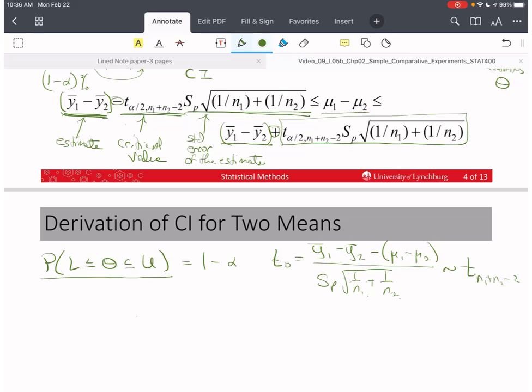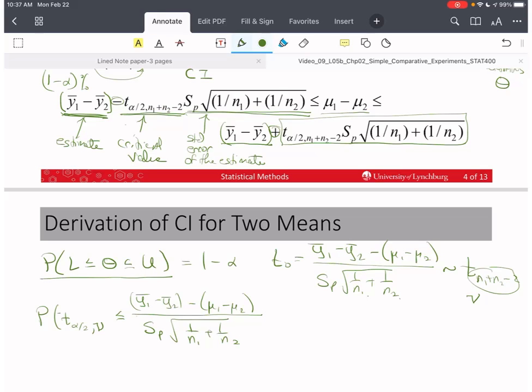And so what we can say is we have the probability that negative t alpha over 2, and I'm just going to call n1 plus n2 minus 2 nu, the Greek letter nu, which makes it much easier to write, comma nu, is less than or equal to y1 bar minus y2 bar minus (mu1 minus mu2) over s sub p square root 1 over n1 plus 1 over n2, is less than, this is a negative, and so then we have the positive t alpha over 2, nu, is equal to 1 minus alpha.